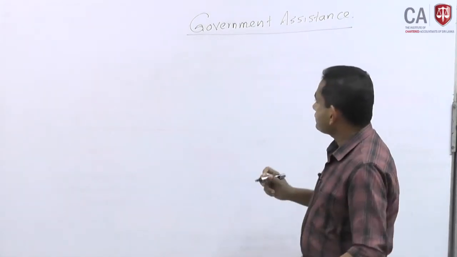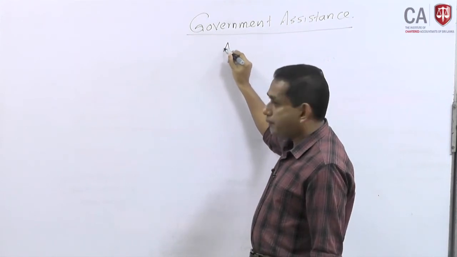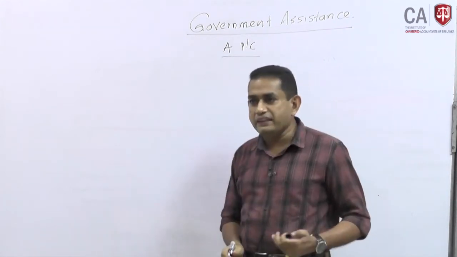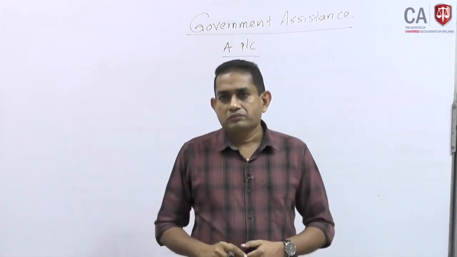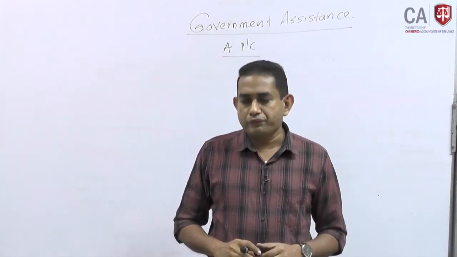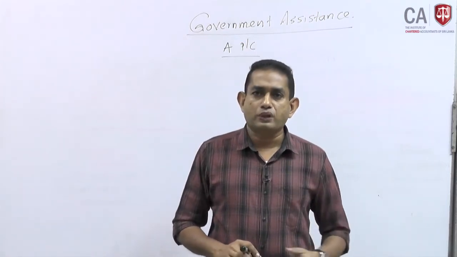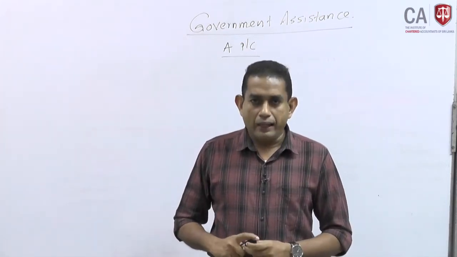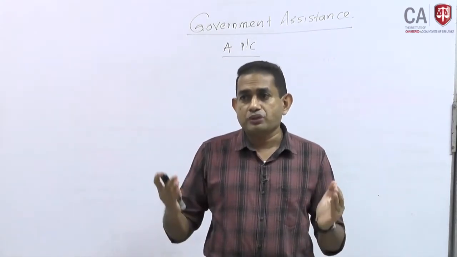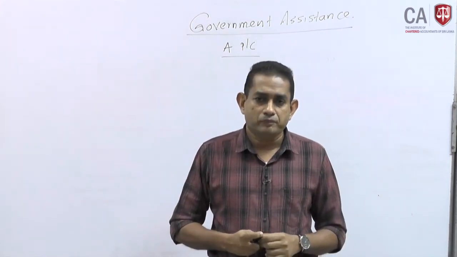Now, let me take APLC. They are in the hospitality industry and they have a couple of hotels all over the country. Also, they want to put up another hotel on Pasikuda beach, and they are desperately looking for a land on Pasikuda beach to start the construction of another 7-star category hotel.